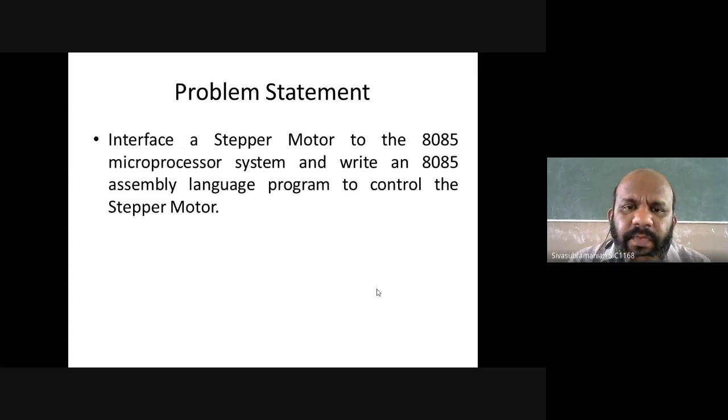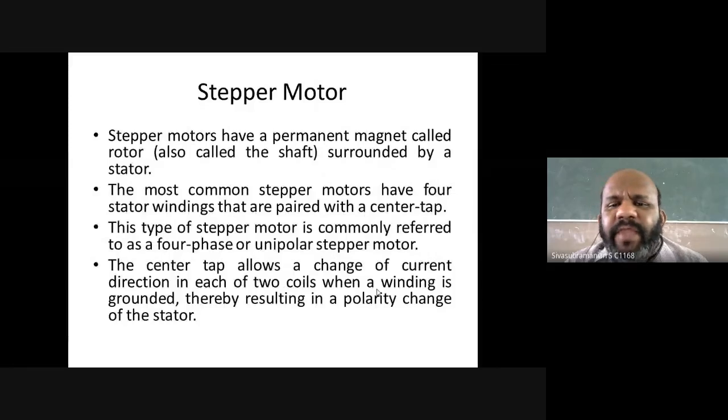Okay. So what is a stepper motor basically? It is a permanent magnet called the rotor, which is surrounded by a stator, right? This rotor we also call a shaft-like arrangement, right? And the most common stepper motors will have 4 stator windings. With these 4 stator windings, there will be a center tap, right?